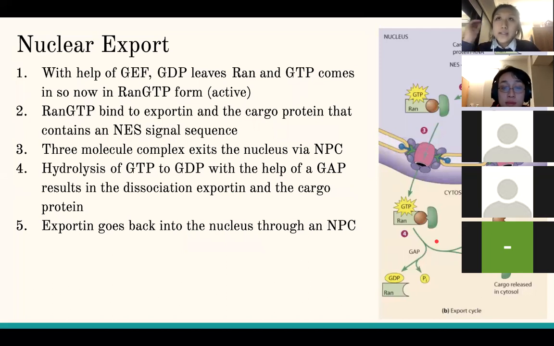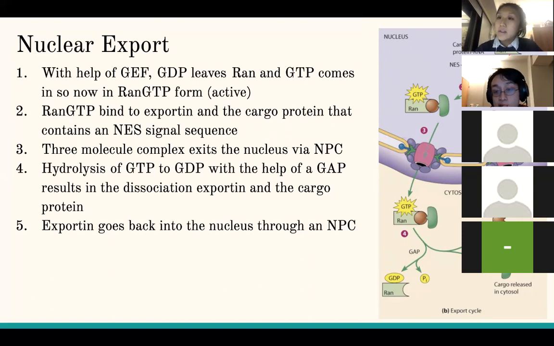That's why we say the signal sequences don't get cleaved off, because you never know when you're going to need a protein or some type of export and import to come in and out of the nucleus. It has to be flexible and fluid. If you cleave off those signal sequences, it's not going to be able to come in or go back out if needed.